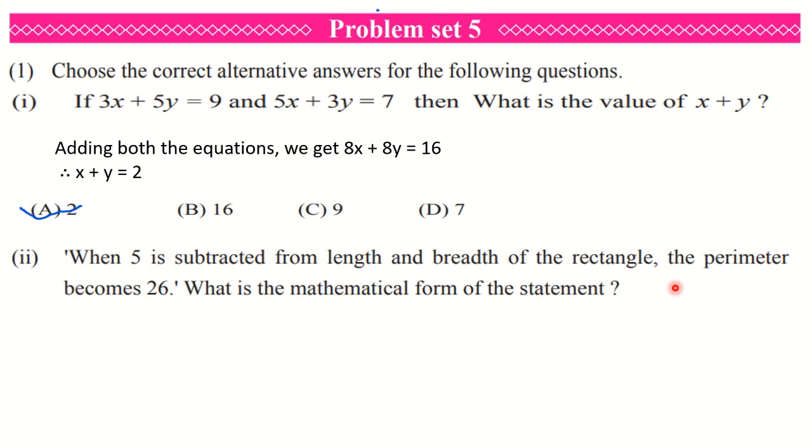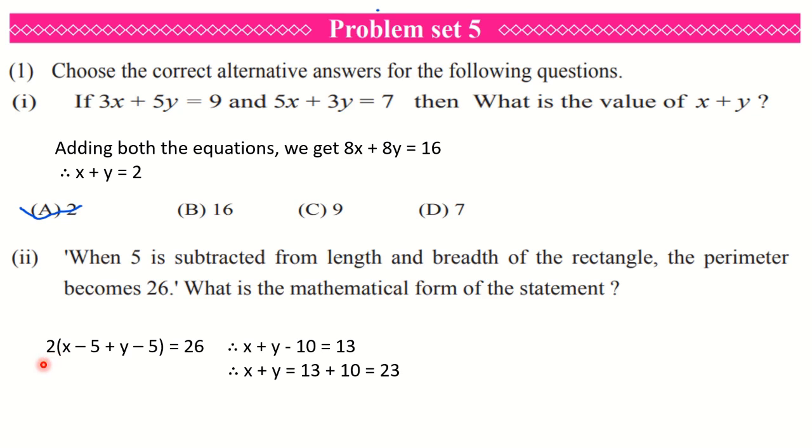Now we have to take the formula for perimeter. Perimeter of rectangle is equal to 2 inside the bracket L plus B. So 2(L plus B) is equal to 26. Here L is x minus 5 and B is y minus 5. So let us write that in the formula. We get the equation 2 inside the bracket (x minus 5 plus y minus 5) is equal to 26.